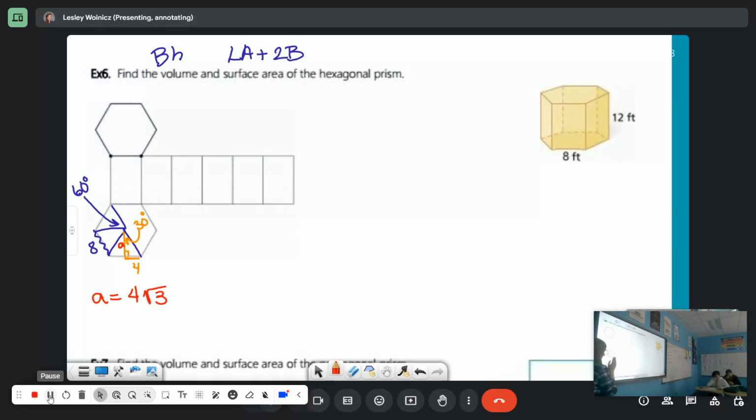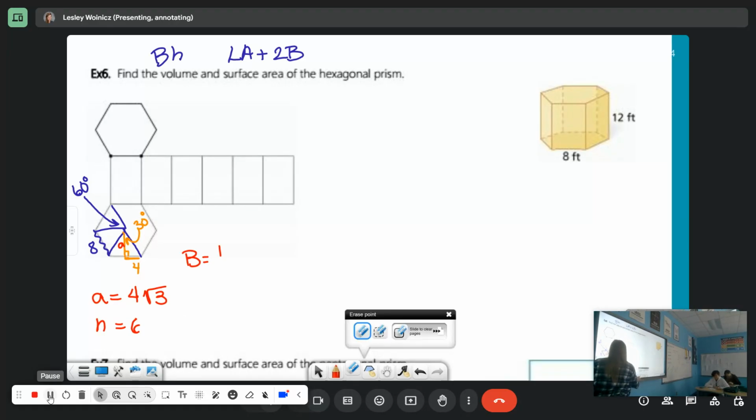Okay, so the area for our big base is going to be how many little triangles? 6 triangles, so just 6 for the end. And our apothem is 4√3, and our side length is 8.